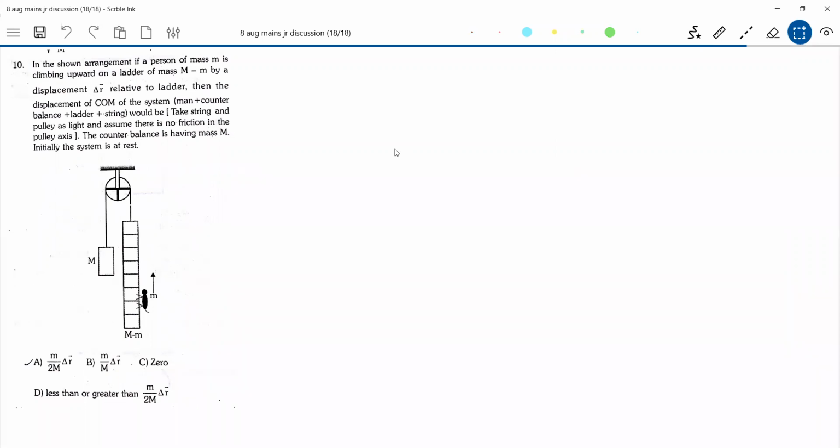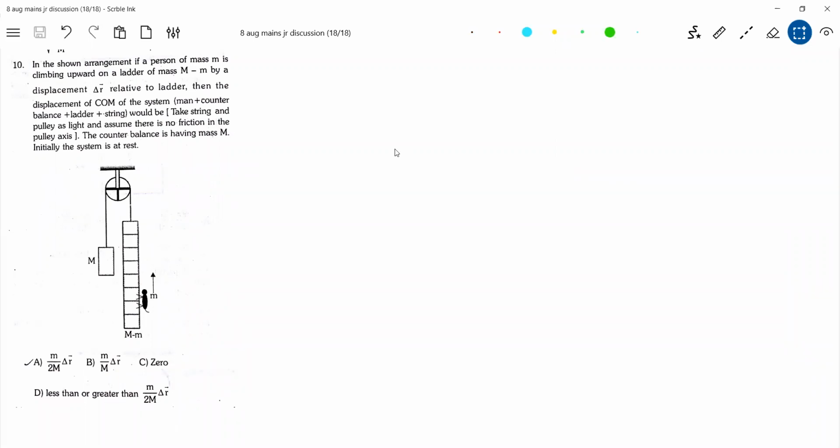The mass of the ladder is M minus m. The center of mass is a topic very generalized. We can take it to anywhere and link it. Only thing is you have to go for what are the various forces acting along x, along y. Then based on that you can identify it. Net force zero, non-zero, then get into the problem.